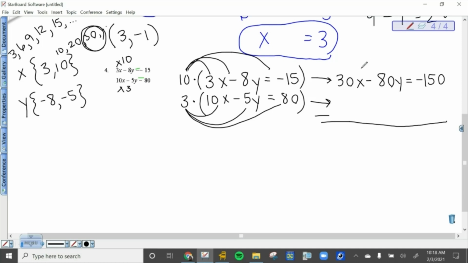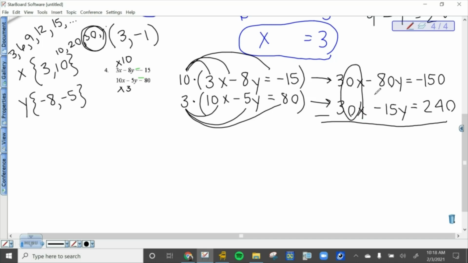Okay, so what did we get for our second equation? 30x. And then we subtract the second equation from the first equation. So go one at a time. 30x minus 30x gives me what? 0.